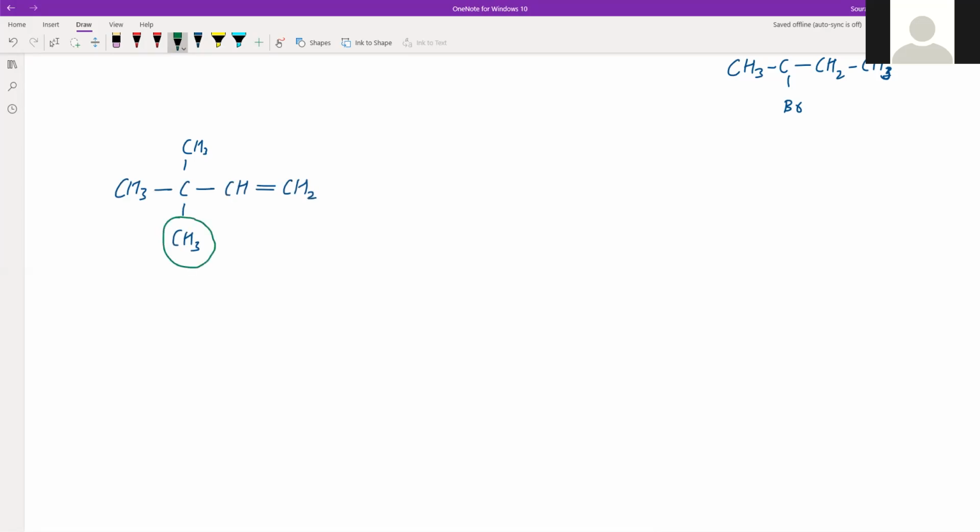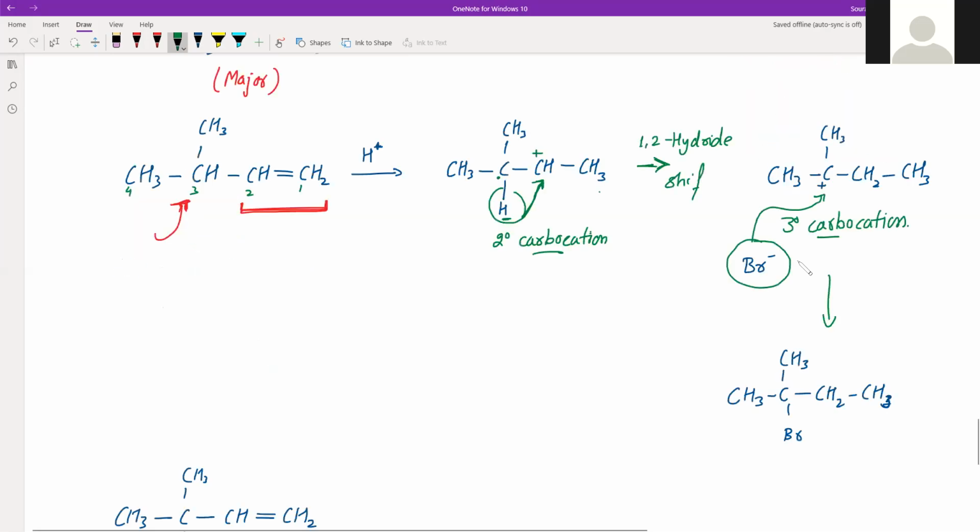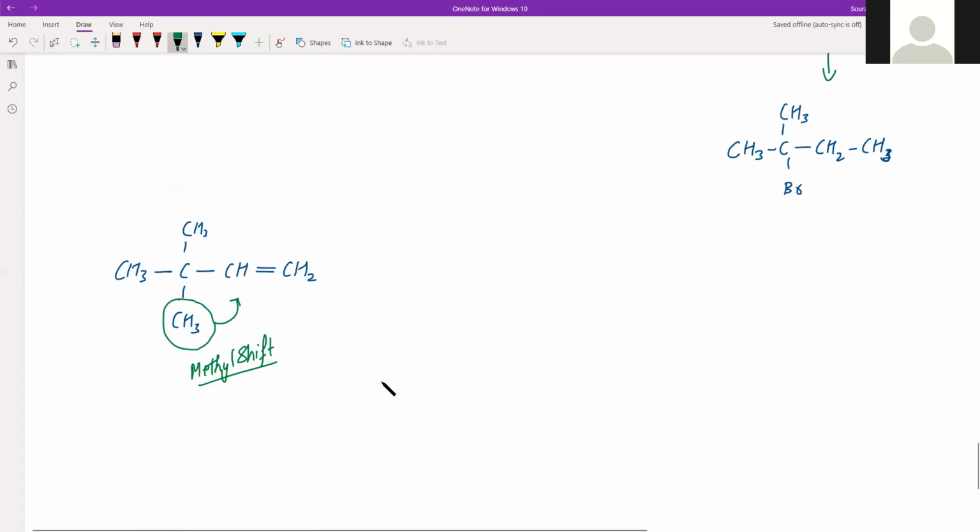So now the shifting will happen due to this. This is what I mean in the second step. I'm not doing it in detail. You try to understand that the hydride shift which we have seen here, I'm now trying to show in this step, but now this will be our methyl shift. So the carbocation which will be formed here will be CH3, C, CH3.